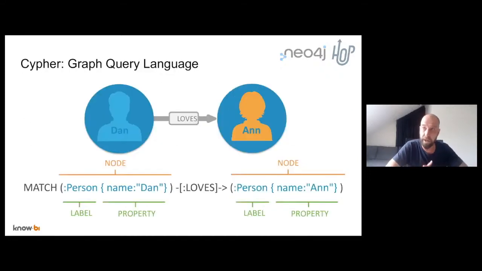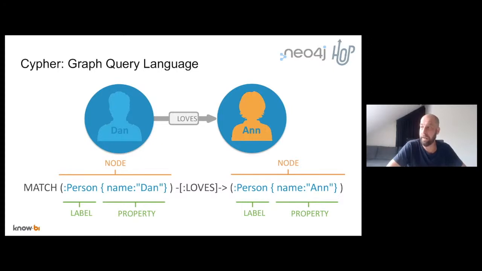And that combination of nodes and relationships in your graph can be queried by Cypher, which is the graph query language provided by Neo4j that queries your Neo4j graph database. This is an ASCII art syntax where you match a node with a label of person and a property with the name of Dan.